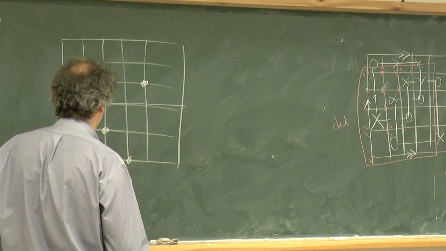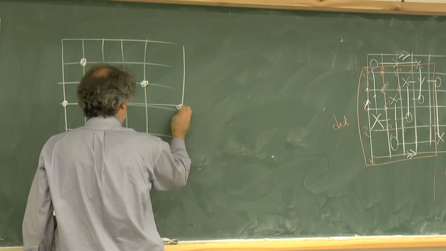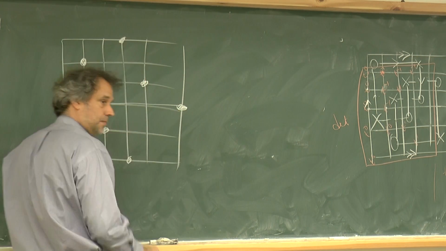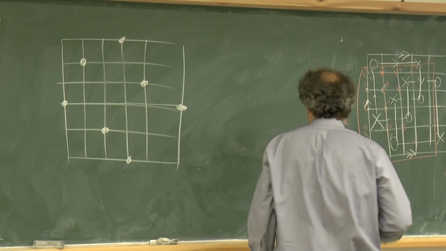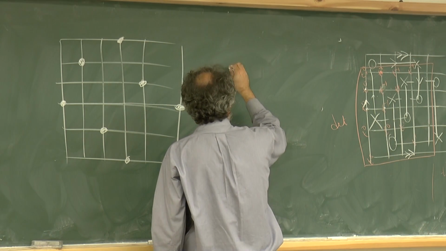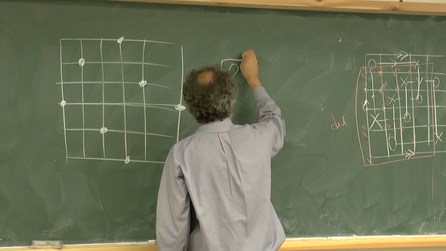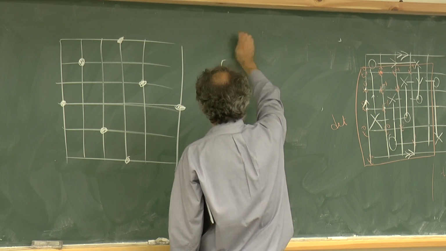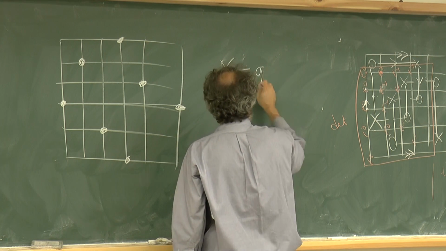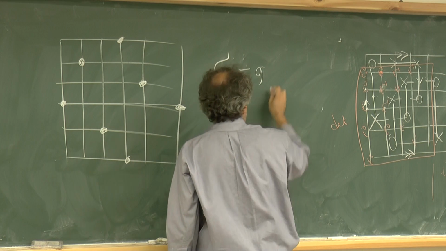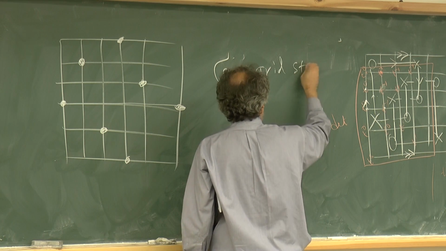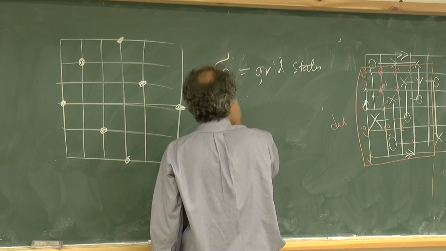And remember, working on the torus, so this point is the same as this point, and this point is the same as this point. So these are what we call grid states. Math frak S are the grid states, and we can think of them as graphs of permutations.